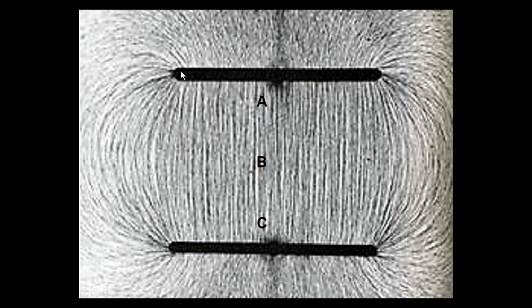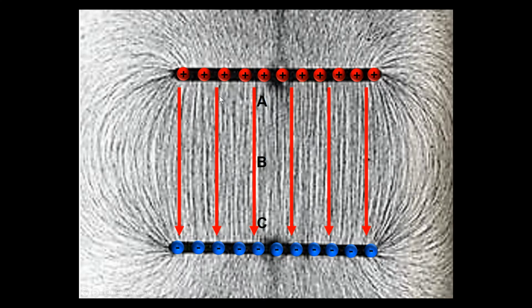Here we have a plate, like a metal circular flat surface. And same thing here. If I had a bunch of positive charge there and a bunch of negative charge there, the electric field will go from the positive to the negative. And if we look at the description there, it looks like all these field lines are going kind of straight between here and here.